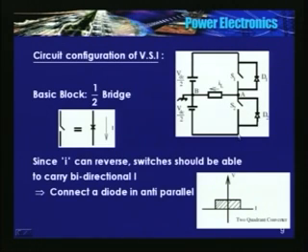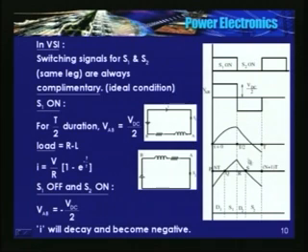It can happen only when D2 is conducting. Because when D2 conducts, the potential of this is the same as this, but current is flowing in this fashion. So from R to S, D2 is carrying the current. From S to the end of that cycle, S2 is conducting, because voltage applied is negative and current is also negative.